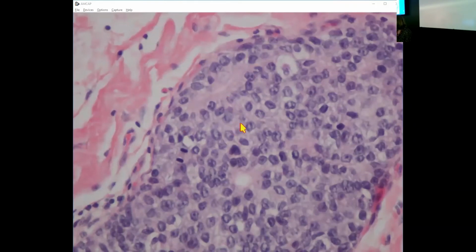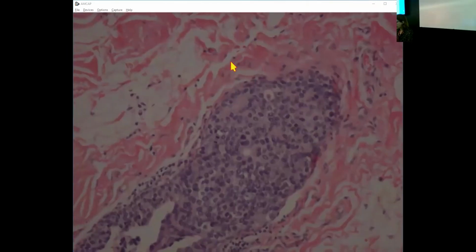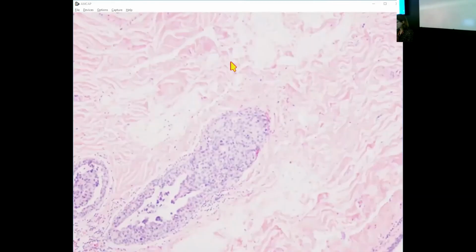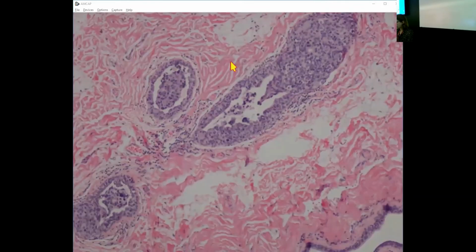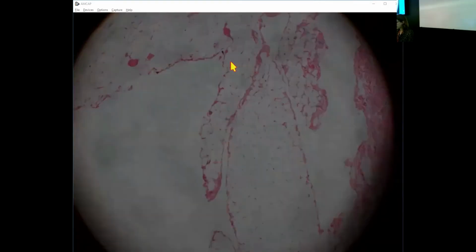This is the sort of thing I mean by an architectural pattern, right? It's not a cribriform space as such, but it's trying to form a little rosette or something. So even though it's intermediate grade DCIS, it's trying to form structure. Those are things that I look for in my distinction of UDH versus intermediate grade DCIS.